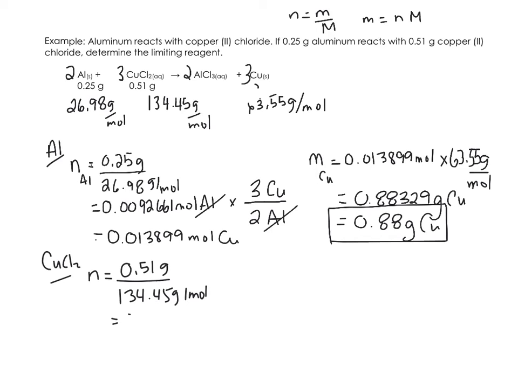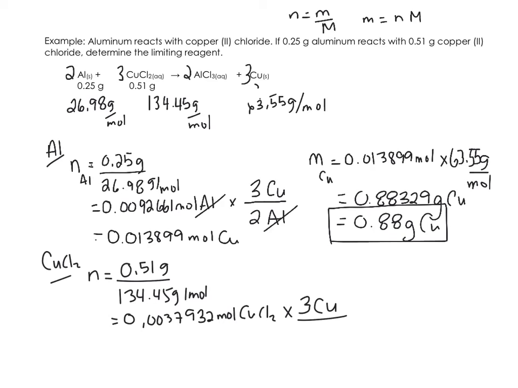So this is 0.0037932 moles CuCl2. So now we need to convert it to copper. We want copper, so it goes on top.